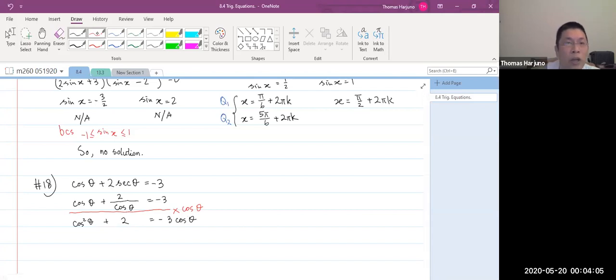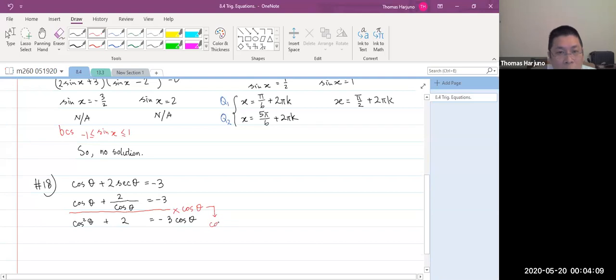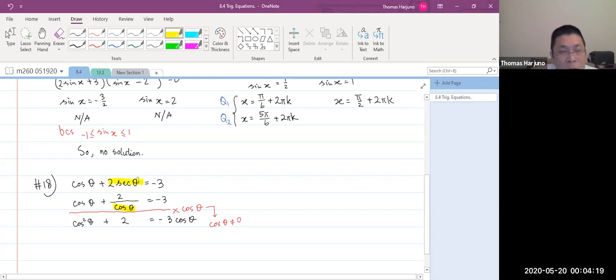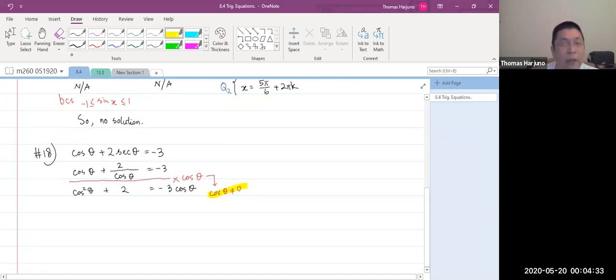One warning though: because I multiply by cosine theta, my cosine theta cannot be 0. If cosine theta is equal to 0, it will make this part undefined. We will check that later, at the very end, once we get the solutions.